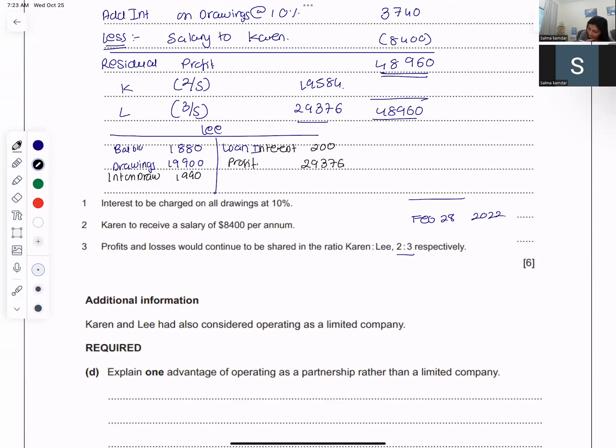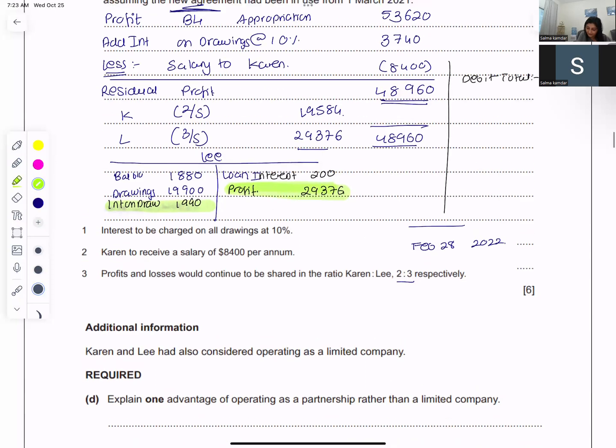And Lee's share of residual profit would be 29,376. So let us see which side is more. Only two things would change. One is the interest on drawings would be more, and this profit would change. Rest all would remain the same.